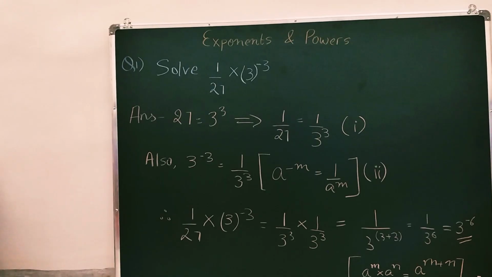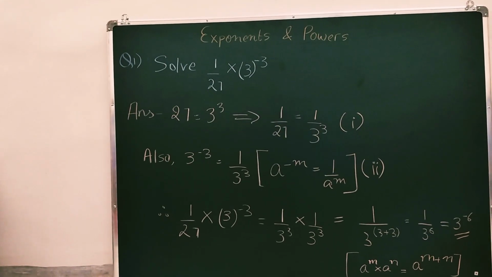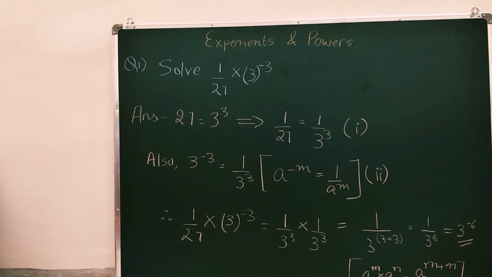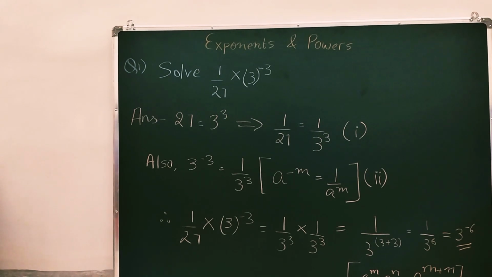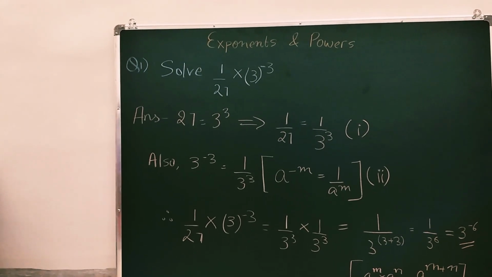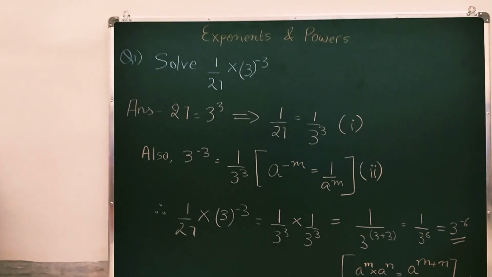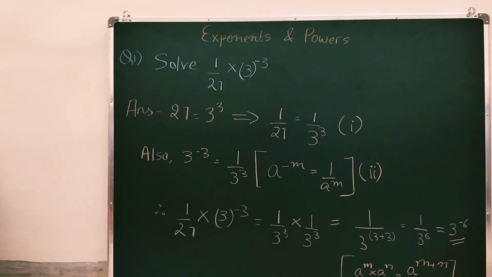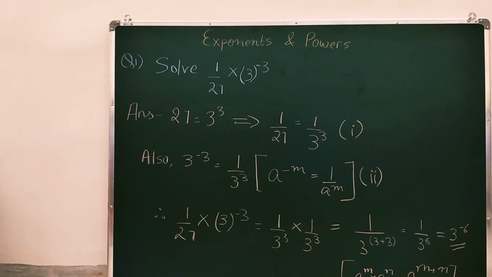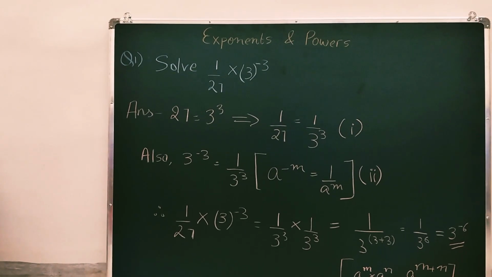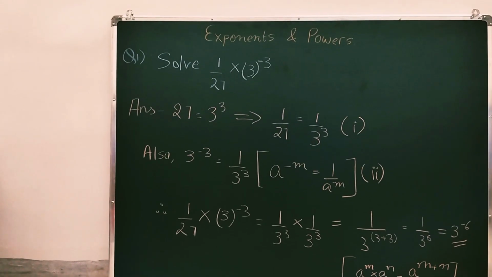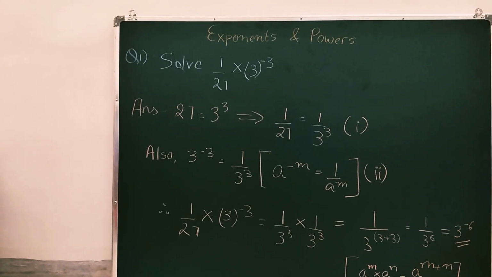So if we see a question based on exponents and powers, we can solve it using the laws. So if we have a question like 1 by 27 into 3 raised to power minus 3, how to solve it? 27 can be written as 3 raised to power 3, or 1 by 27 can be written as 1 by 3 raised to power 3.